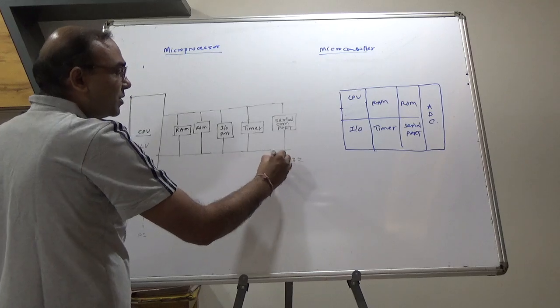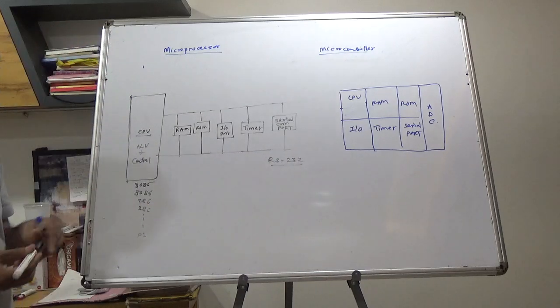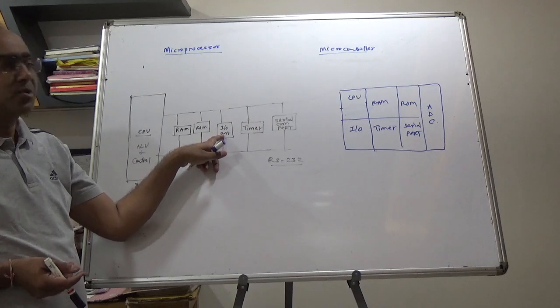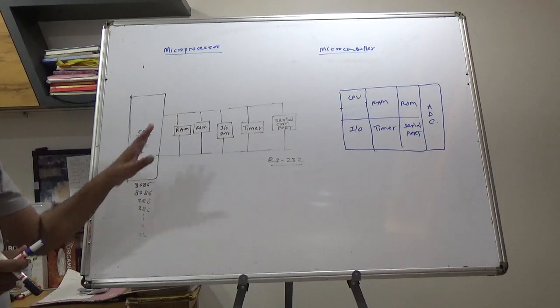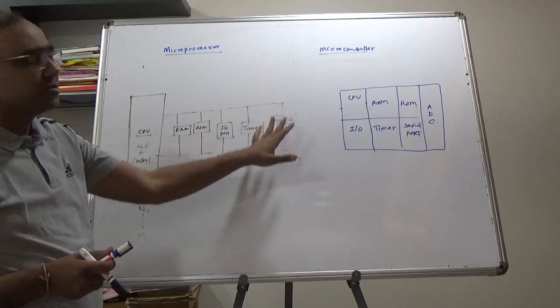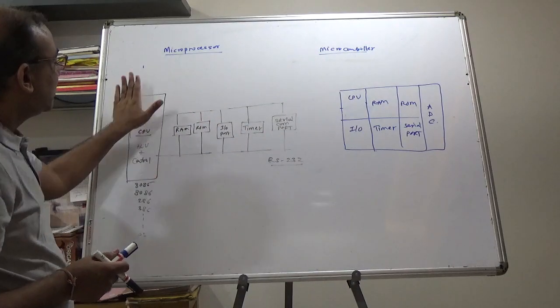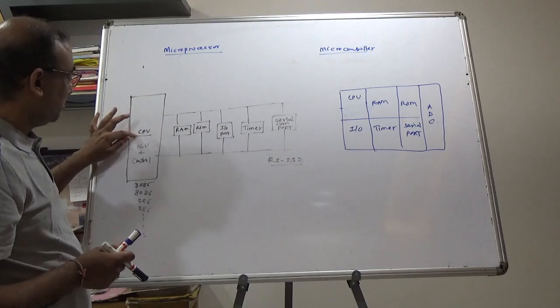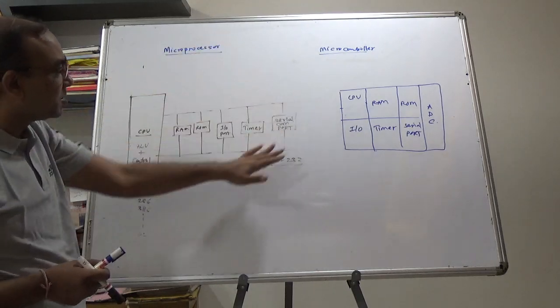Those are the best example of serial ports, and the others are considered parallel ports. So there were actually chips doing these functions, and all those chips were interfaced with another chip, that is your microprocessor or CPU. So this forms the motherboard.